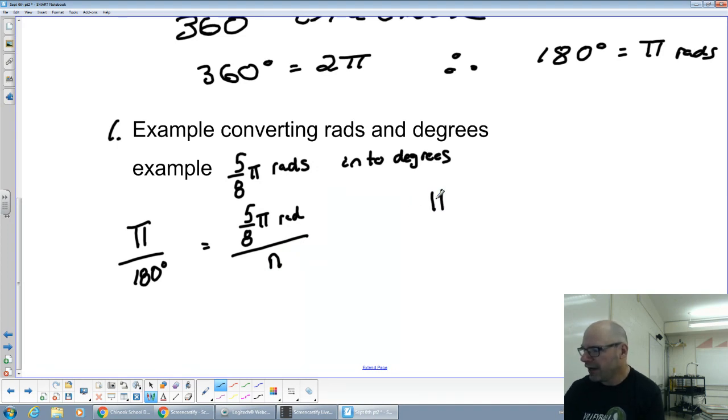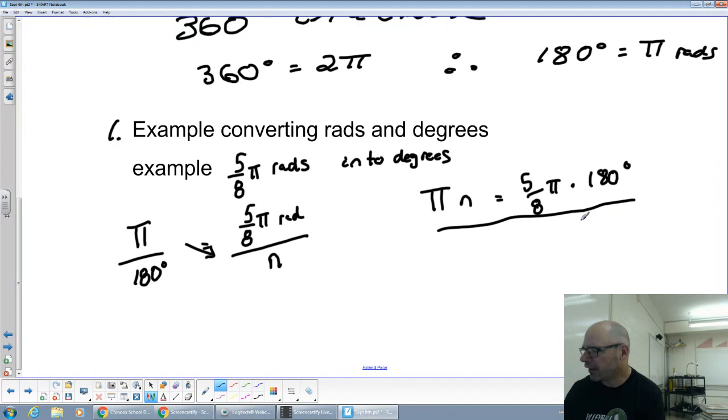Okay, so if we cross multiply, pi n is equal to 5/8 pi times 180 degrees. So to get n, oops, what am I doing here? Sorry about that. Let's just undo that part. Where's my undo button on here? Where did you go?